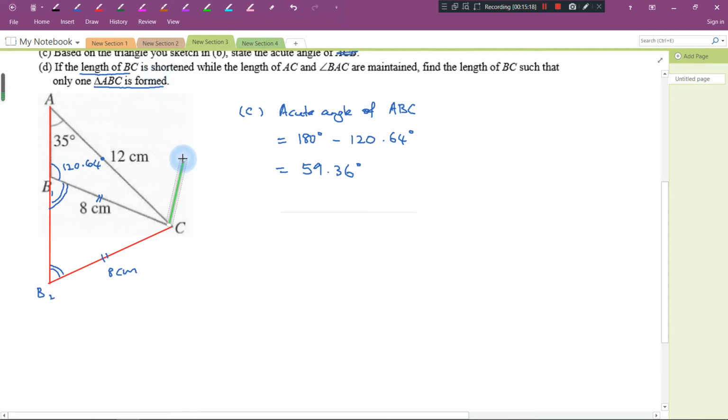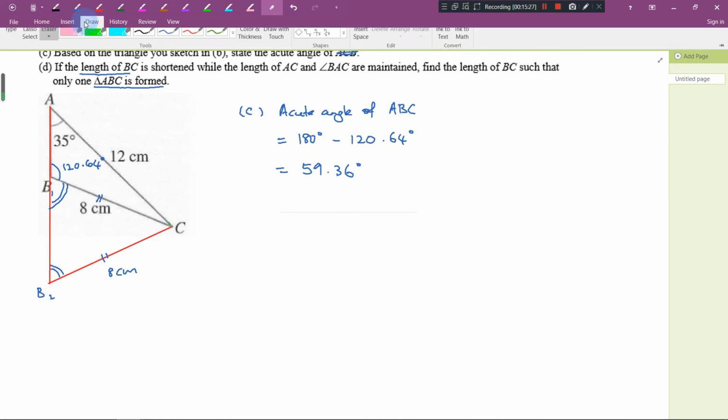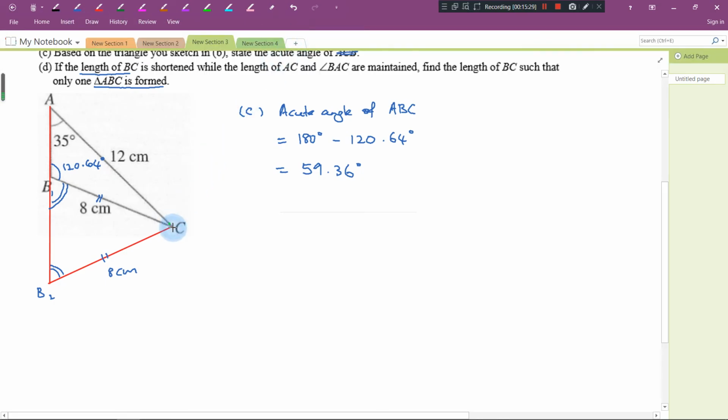We want it to become shorter than the BC. So how do we find the length? It will be over here. From here, it becomes shorter, shorter, shorter, until here. Until here, only one triangle ABC can be formed. So this is the length that we are searching for.